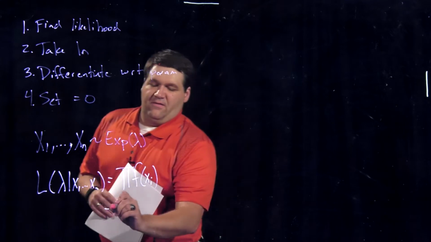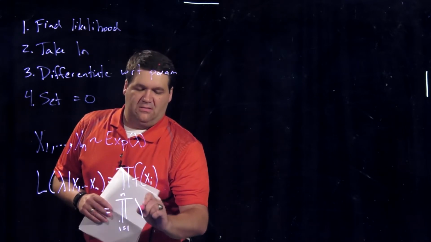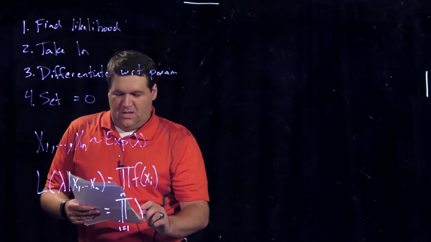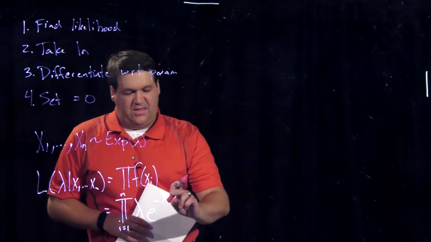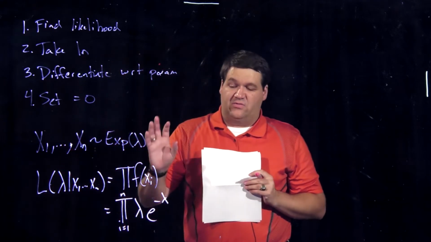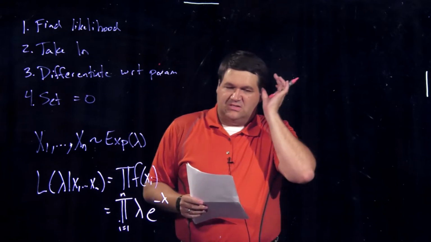And for an exponential distribution, the probability density function is lambda e to the negative lambda x. I think in our videos we might have used the parameter beta. Lambda is just another one I can use instead.